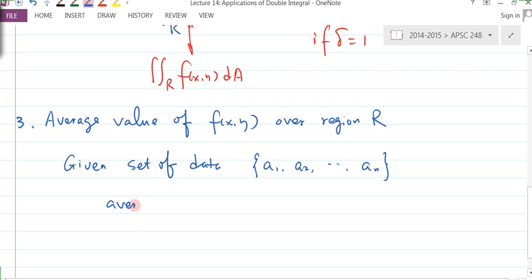Everybody knows, right? Average equals A1 plus A2 plus up to An, over n. So that's the average for this set of data.